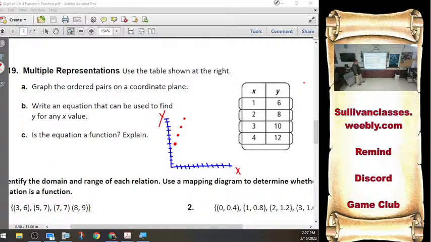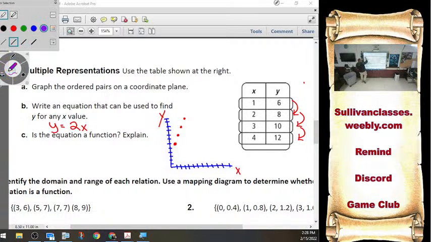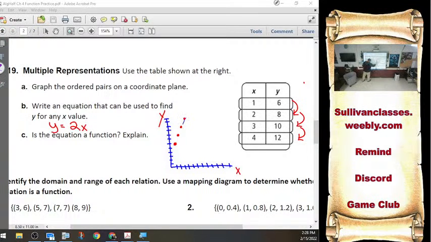Write an equation. Remember that rate x plus start business. What was it doing every time? So that's my rate. Y equals 2x. And then to figure out start, I follow my pattern back to where it hits 0.